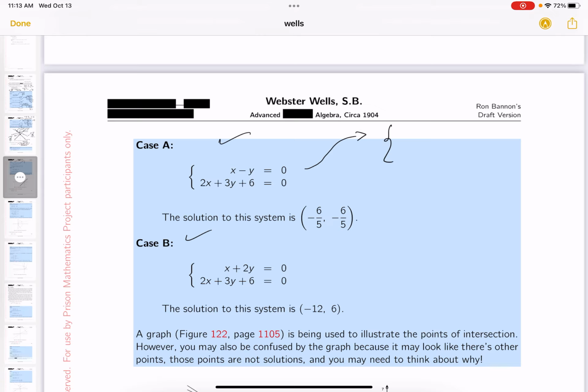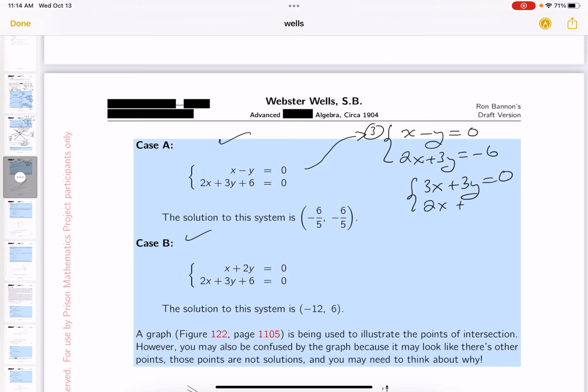I like to write things in the order I like, which is x, y, equal number. 2x plus 3y is equal to minus 6. I'm going to multiply the top equation by 3. And what would you get? You would get 3x plus 3y, and 3 times 0 is 0. That's easy. 2x plus, I'm sorry, I made a mistake.